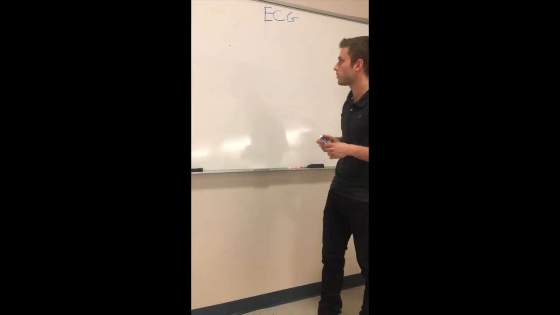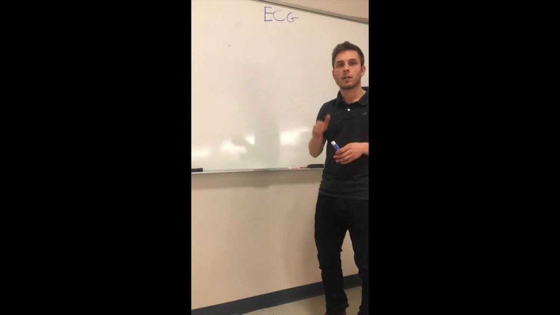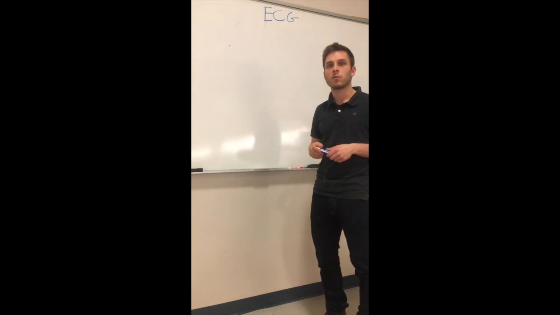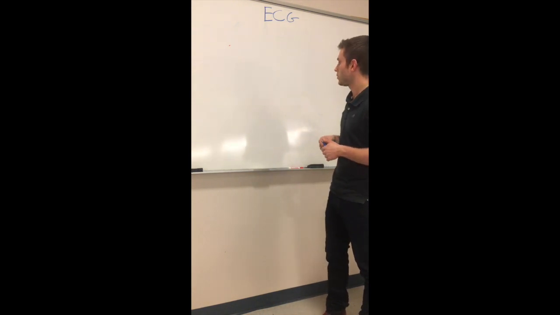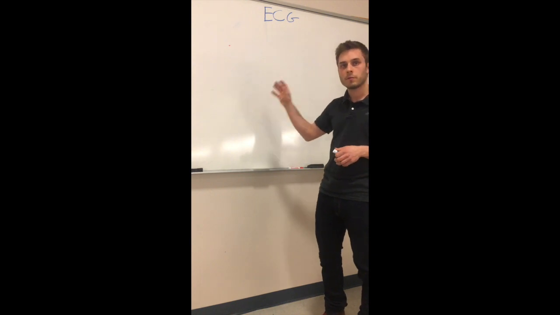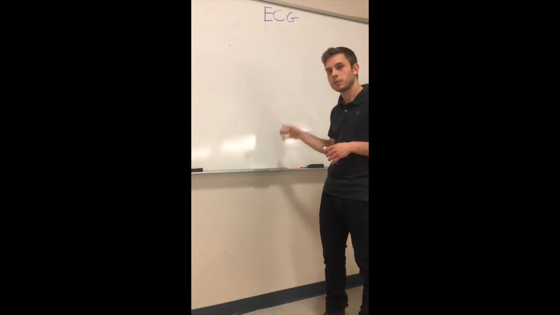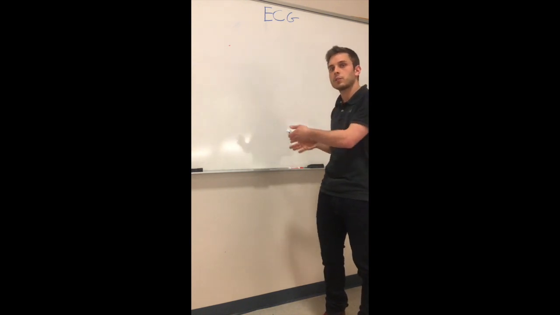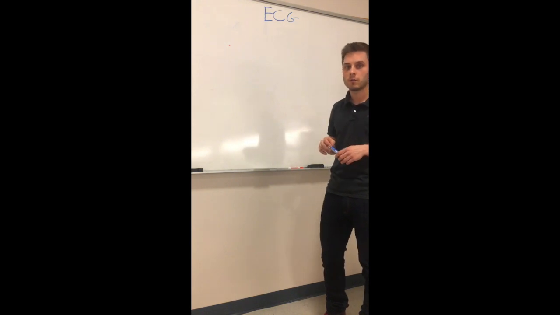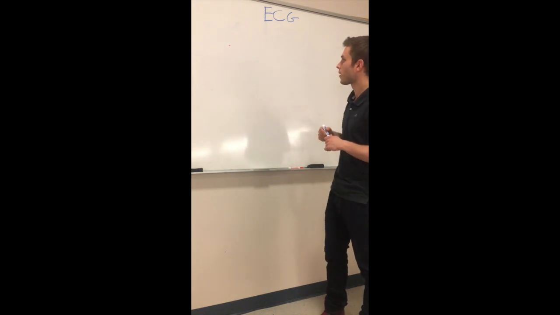Normally you'll get V1 to V6 progressing normally. In a situation where V1 might be very large and V6 might be very small, then your progression is reversed, and that would be right ventricular hypertrophy.